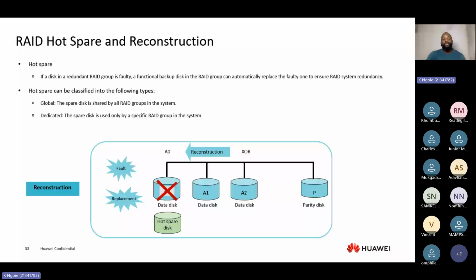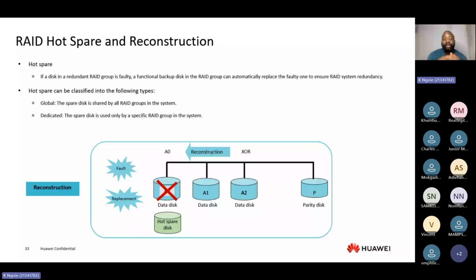Okay, it's very important for you to understand that this is really good because it's going to minimize all the downtime. That means that if there's any problem, we have an automatic replacement to ensure continued operation within the whole RAID.